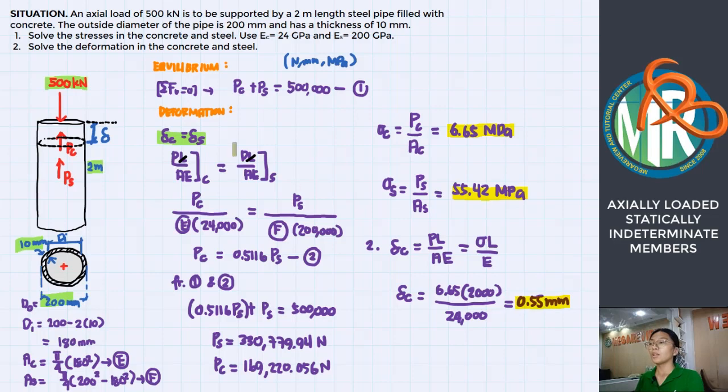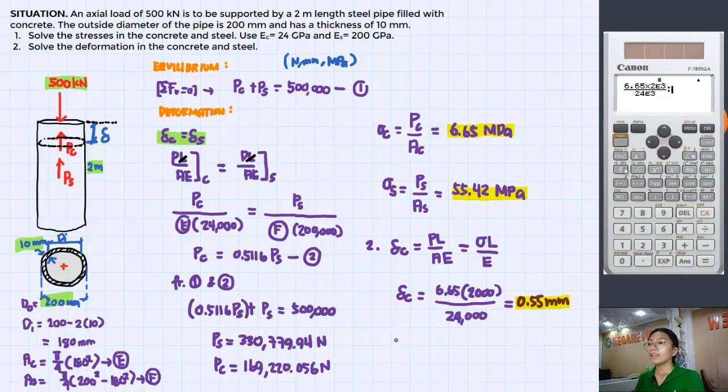So, pwede ka na mag-stop dito, pero if gusto mong manigurado, again, you calculate yung deformation of the steel, which is, stress ng steel is 55.42, length is still 2,000, modulus of elasticity ng steel is 200,000. And from there, you can confirm that still the deformation is 0.55 millimeters. Okay, those are the answers.